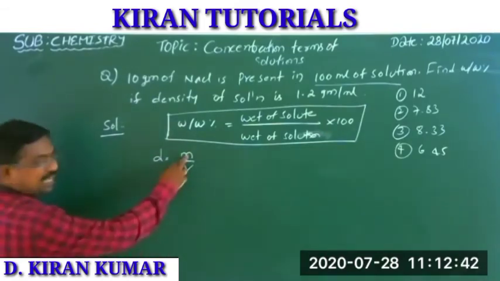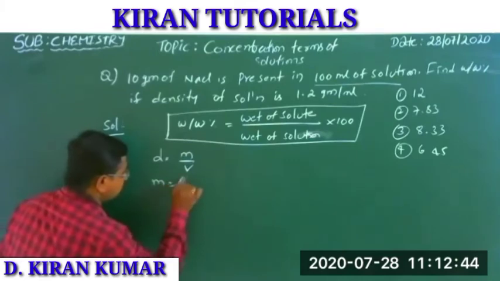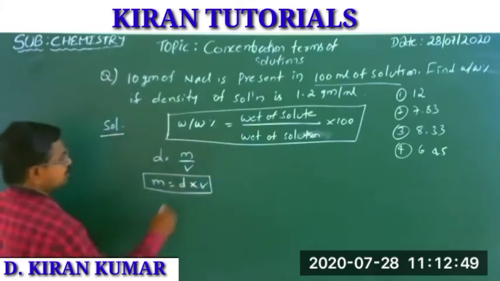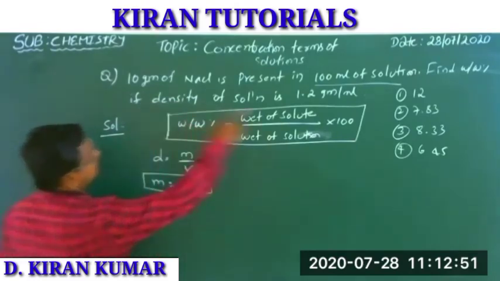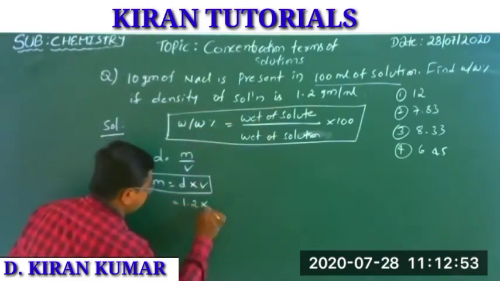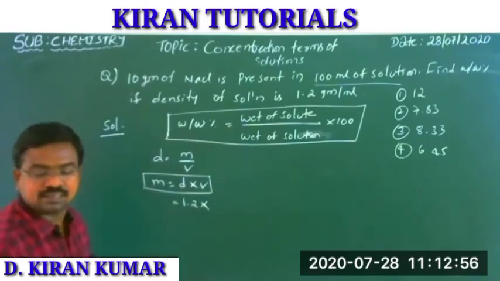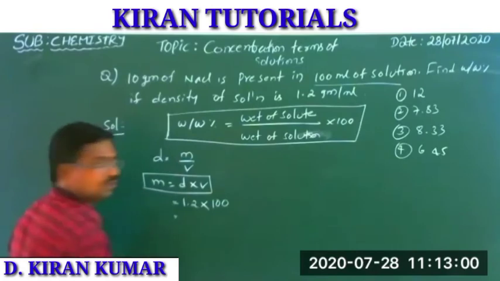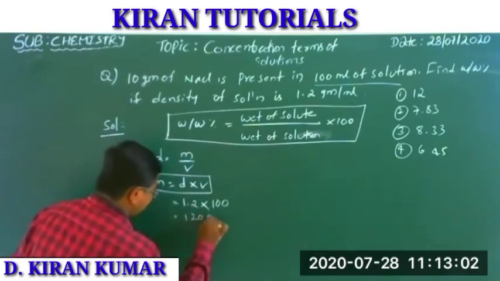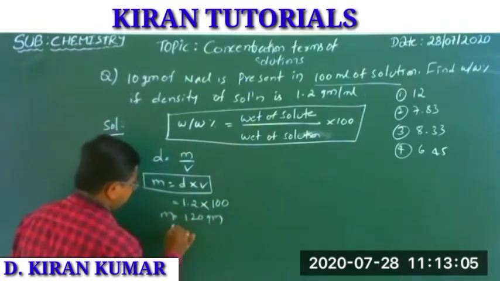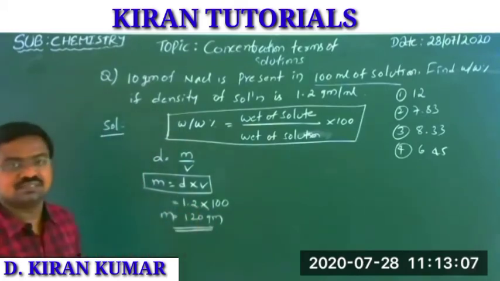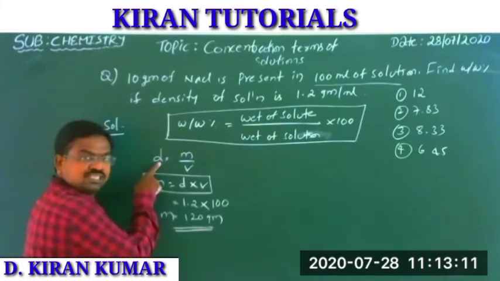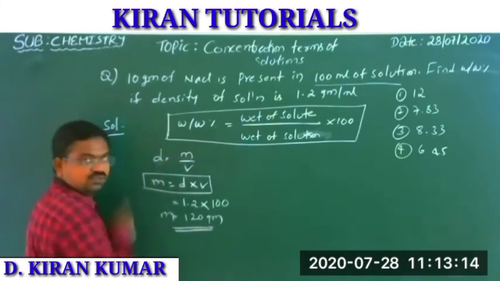See, we have to find the mass. Mass is equal to density into volume. You know that formula. Then that is equal to, what about density here? 1.2 into, what about volume? 100. That is equal to 120 grams. That is, mass is equal to 120 grams. Mass of the solution, because here the density of solution is given. So we are calculating the mass of the solution.